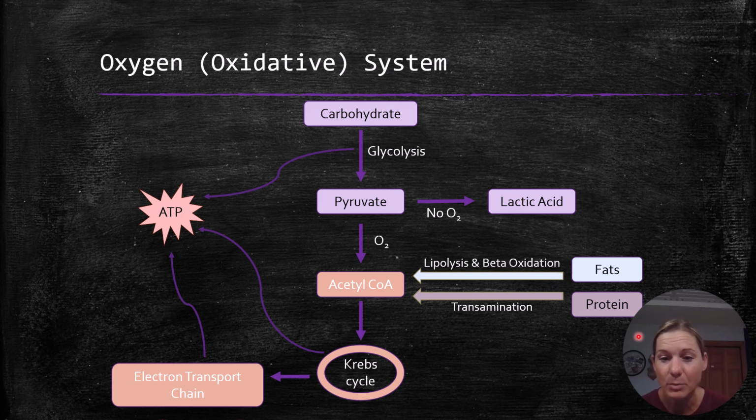And then we also have the breakdown of proteins, which can also be aerobic in nature. Again, we don't prefer to use proteins in this particular pathway because proteins can be used for a lot of other things in the body. We don't want to use a huge amount for energy, but maybe it accounts for somewhere between 10 to 20% of our energy needs.